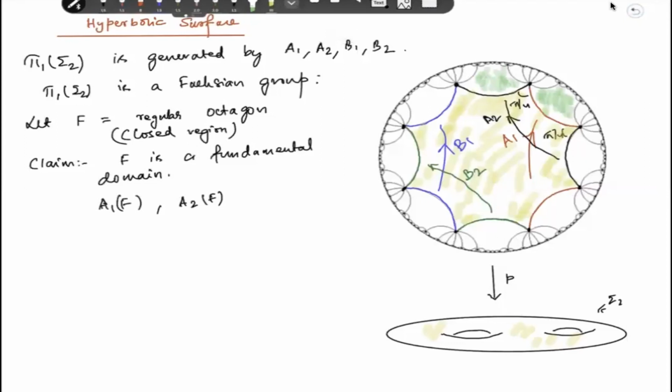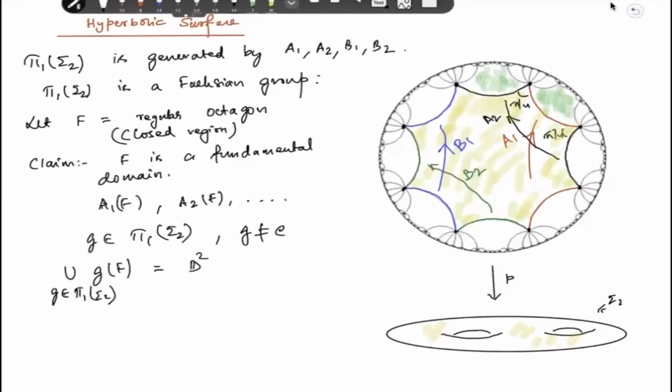And you keep on doing this thing. So you take any element g from this pi1 of sigma 2, and let us take g to be non-identity, and you take gF. First of all, note that the union of all these gF, where g is varying, is equal to the whole of this disk.